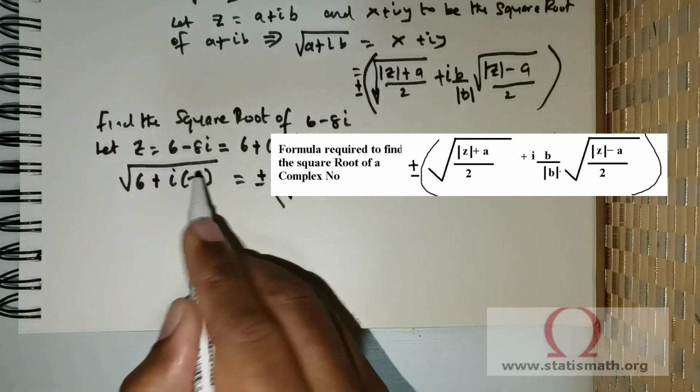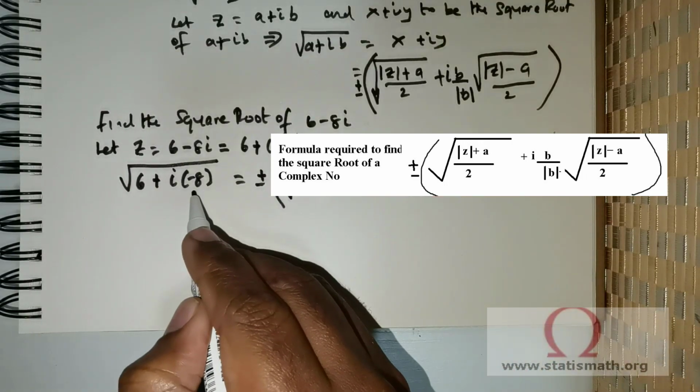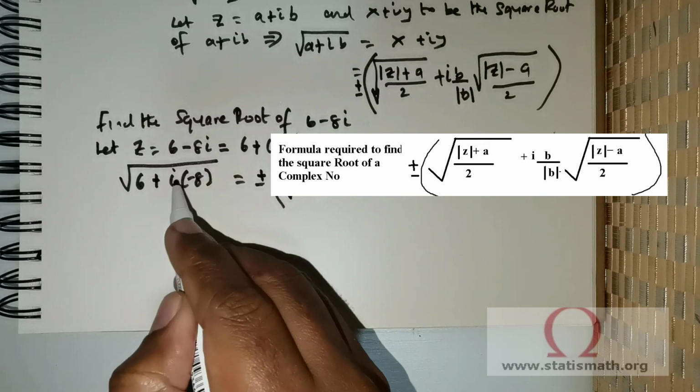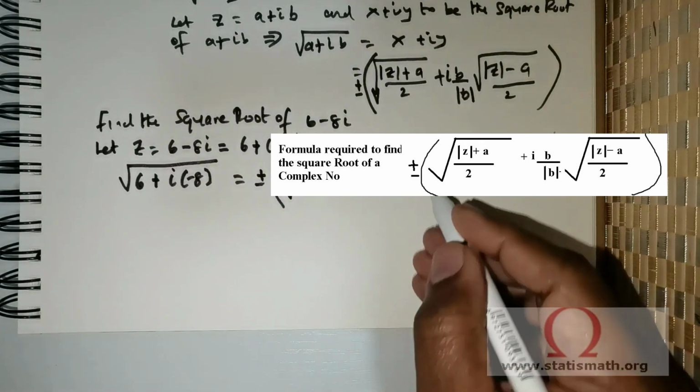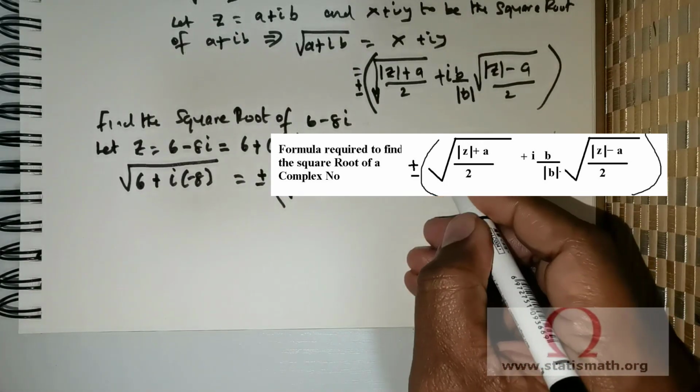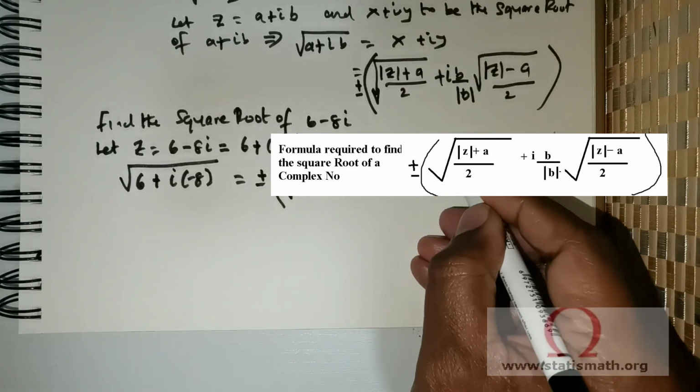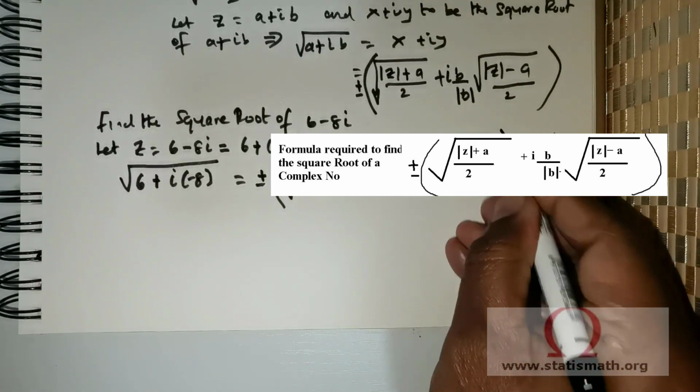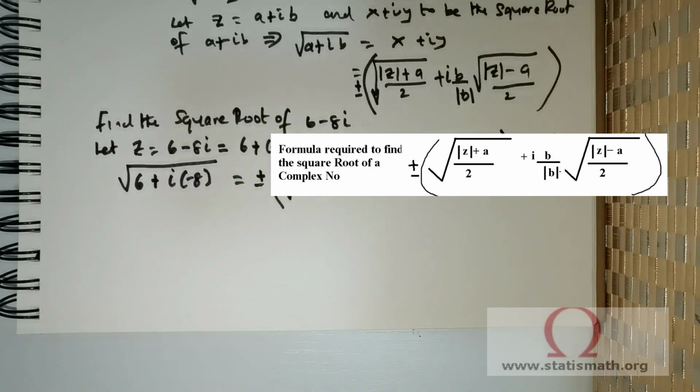The reason is b is negative here. That's the reason I have written it as 6 + i of −8, times the square root of (modulus of z − a) divided by 2. So this is the required formula.